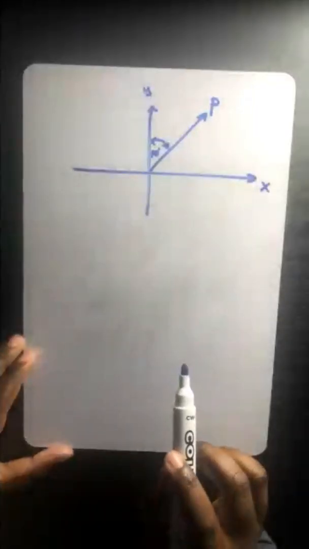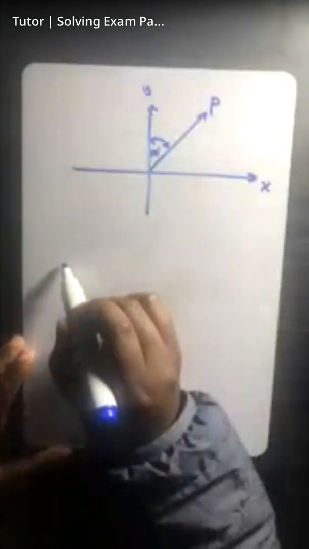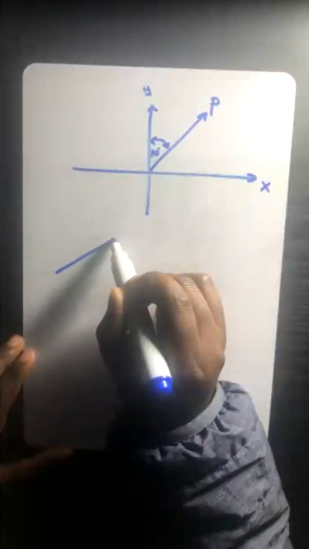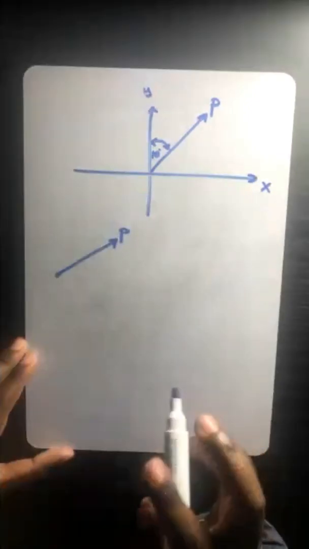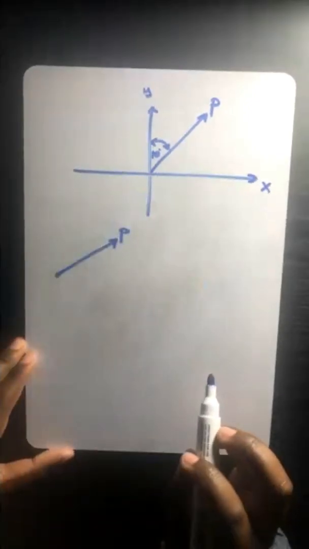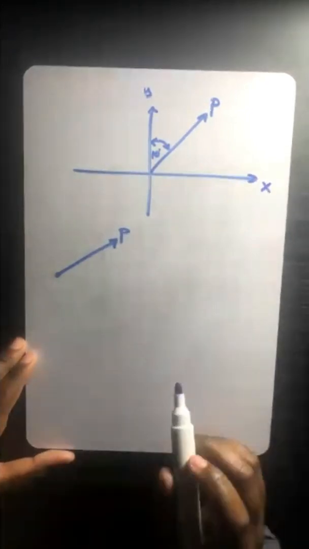Because this force is applied at an angle, force P actually has two components: the vertical and the horizontal component.